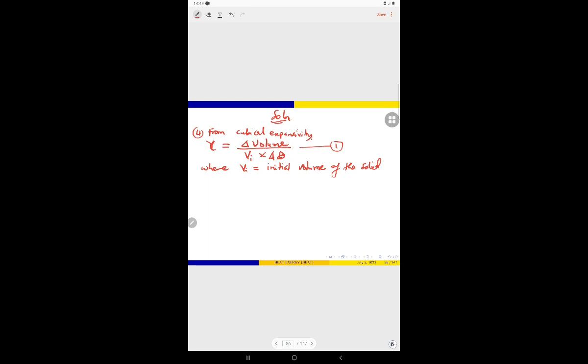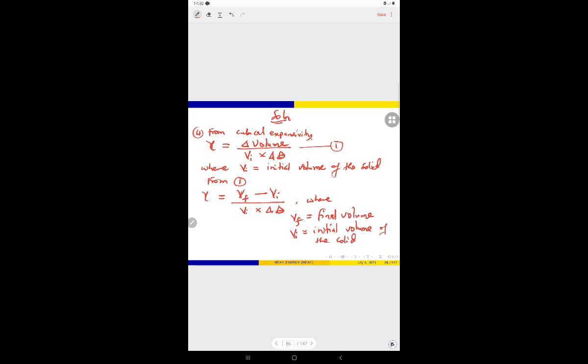So from equation 1, we can say that gamma is V final minus V initial over V initial times delta theta, where of course Vf is the final volume of the solid and Vi is the initial volume of the solid.